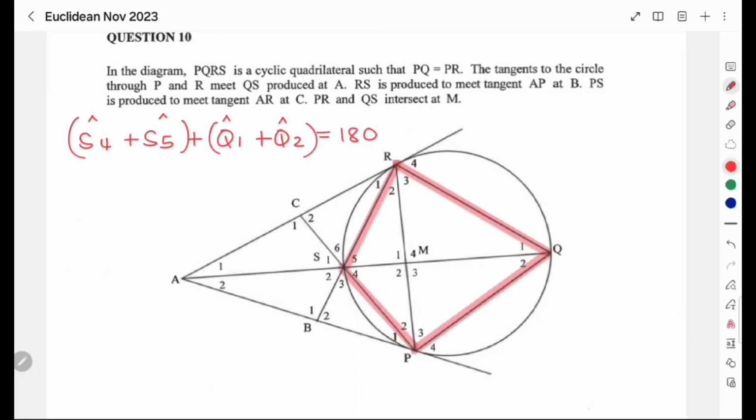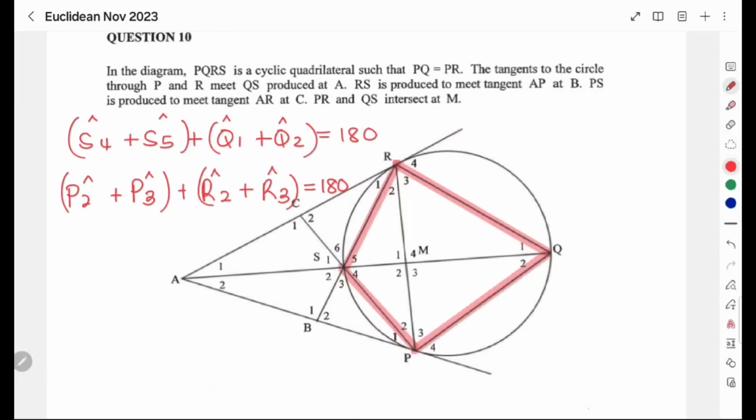Then we can also state that P2 and 3 plus R2 and R3 is equal to 180.